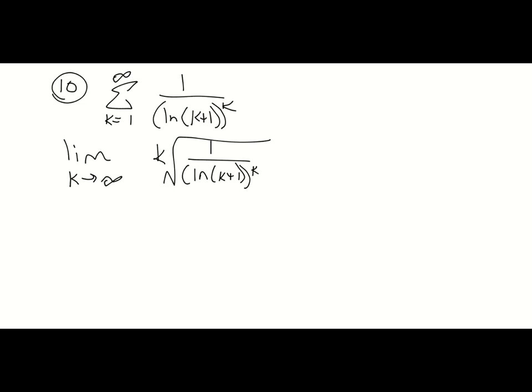Well, the kth root of 1 is 1, and then the kth root will cancel with the k on the bottom, so this is going to be the limit as k approaches infinity of 1 over the natural log of k plus 1. If we send k to infinity and we look at the right-hand end behavior of this function in the denominator, infinity plus 1 is infinity, the natural log of infinity is going towards infinity, and 1 divided by infinity is 0.